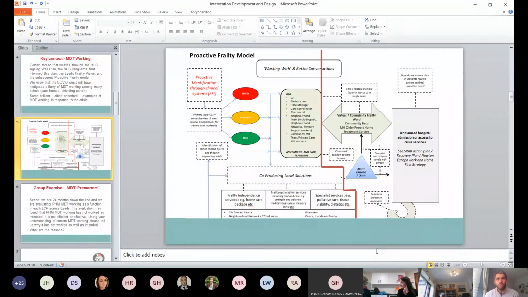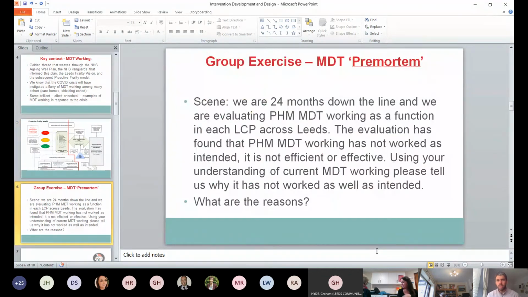So what I want to do in terms of an exercise, because multidisciplinary team working as a function is extremely important, is shed a little bit of light on this, and for each individual LCP to look intrinsically at their own multidisciplinary team, their own partnership, and their own experiences of multidisciplinary team working in its different forms, and understand whether it's working well, whether there are some gaps, and understand that context before any proposed intervention lands, because MDT working is at the heart of it.